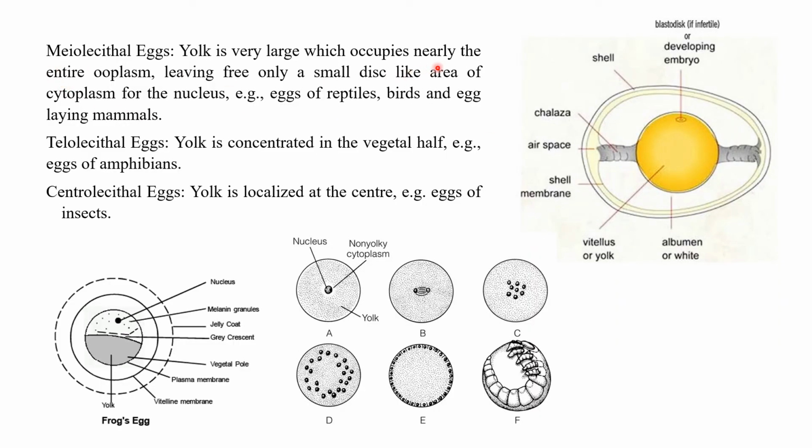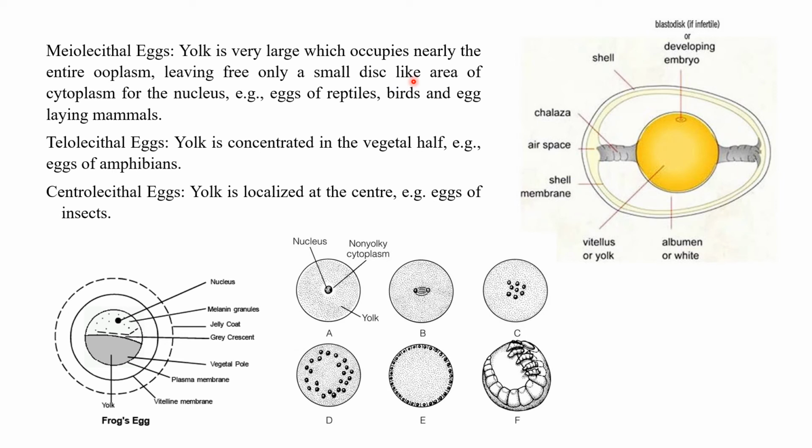The next type of egg that is classified based on the position of the yolk is the megalecithal egg. In this egg, the yolk is very large. Huge quantities of yolk will be present, and it occupies nearly the entire ooplasm.